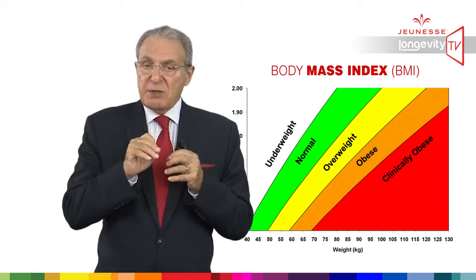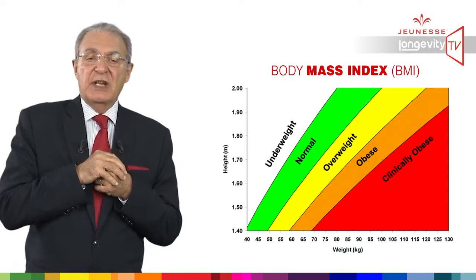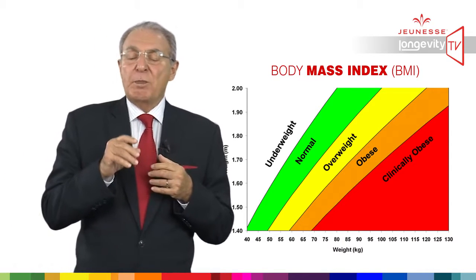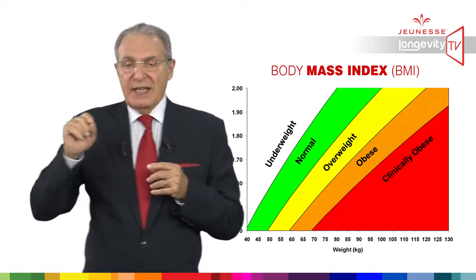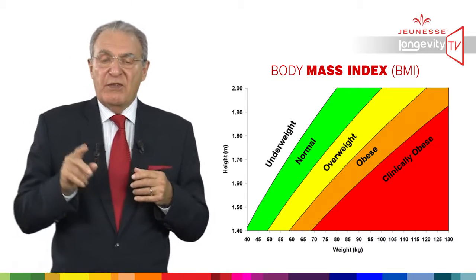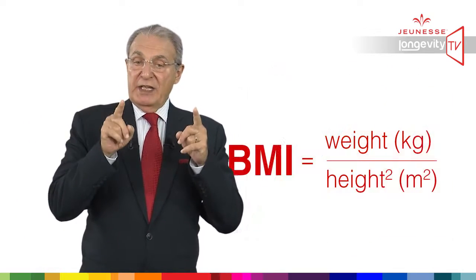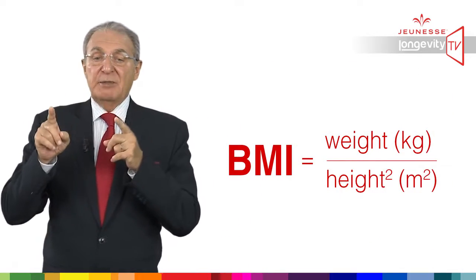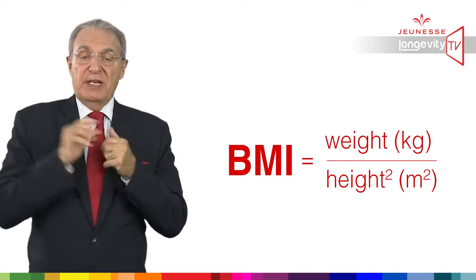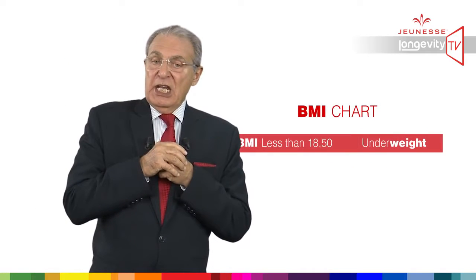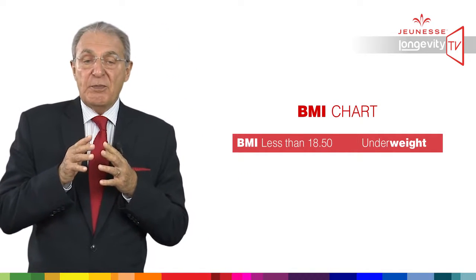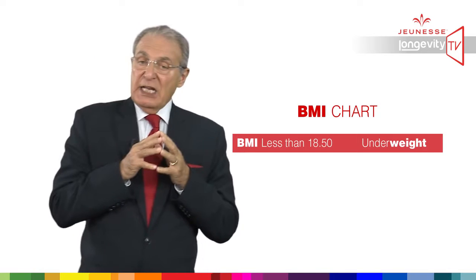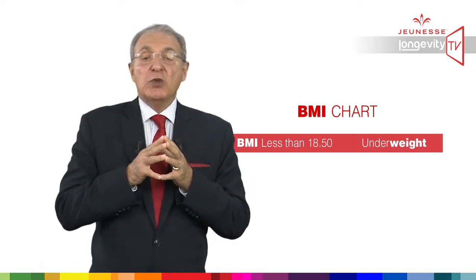If you wish to get more detailed information, then you have to calculate your BMI, which means your body mass index, by using the following formula: your weight in kilos divided by your height in square meters. If your BMI score is under 18.5, it means that you need to gain weight.